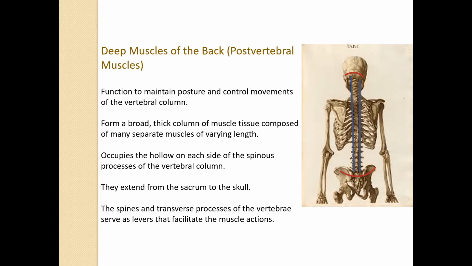So when we see a person in a normal standing position, the line of gravity usually passes through the odontoid process of the axis and posterior to the centers of the hip joints, and then it passes anterior to the knee and the ankle joints.